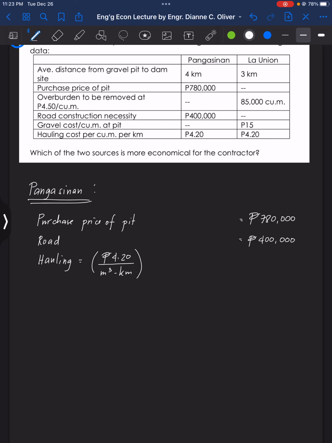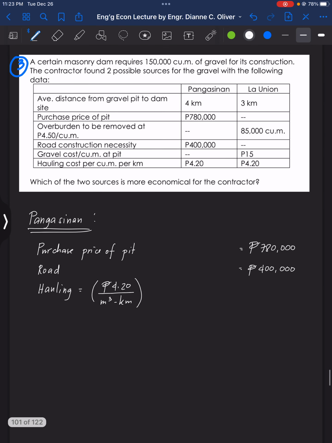And we will multiply that with the requirement of 150,000 cubic meters. So we can cancel out cubic meter.